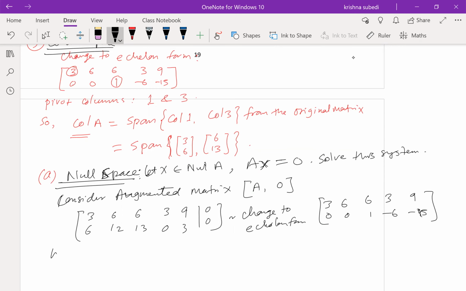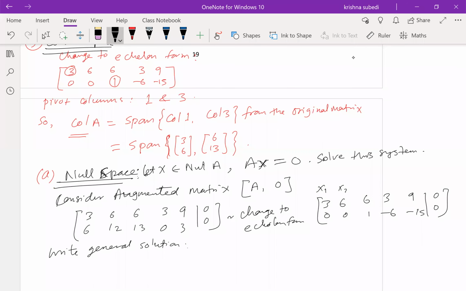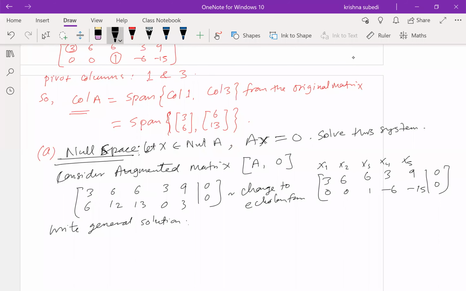Now write the general solution. So the general solution will be, this is x1, x2, x3, x4, x5. So we have 3x1.